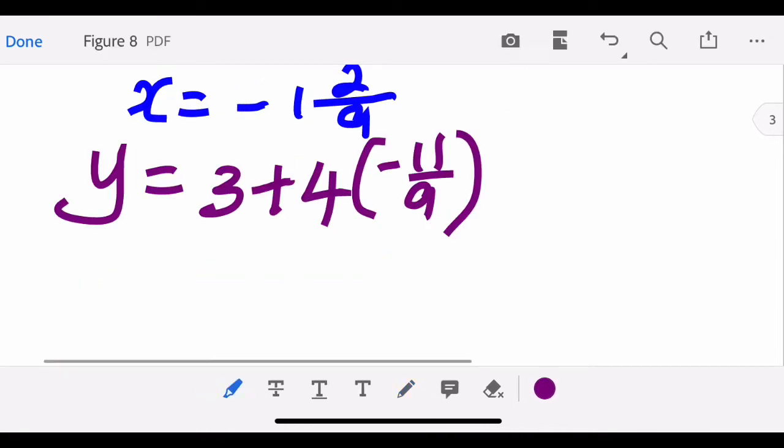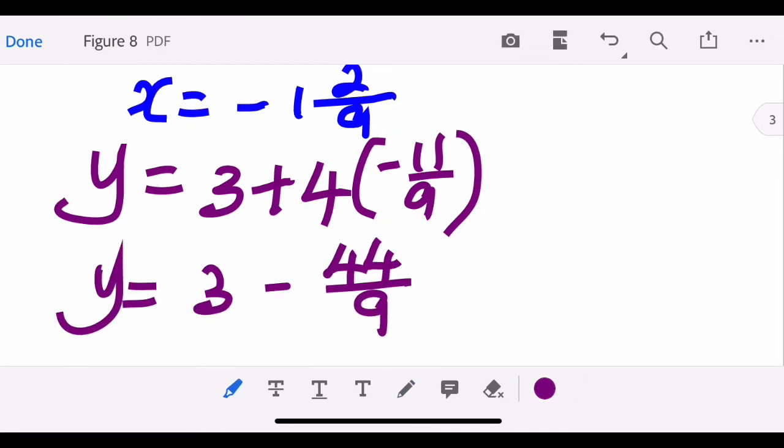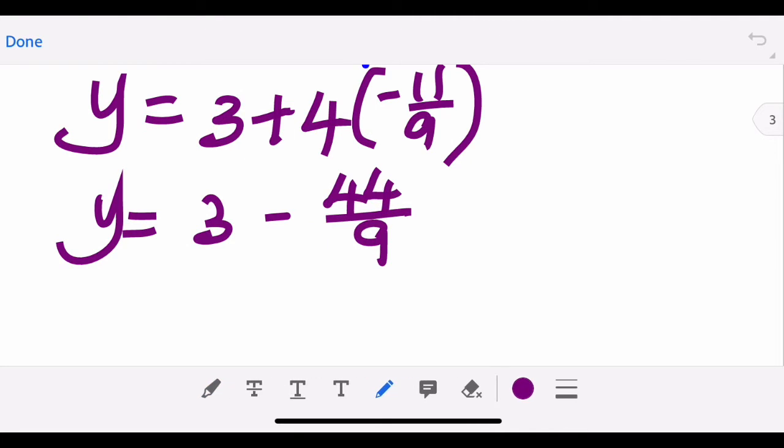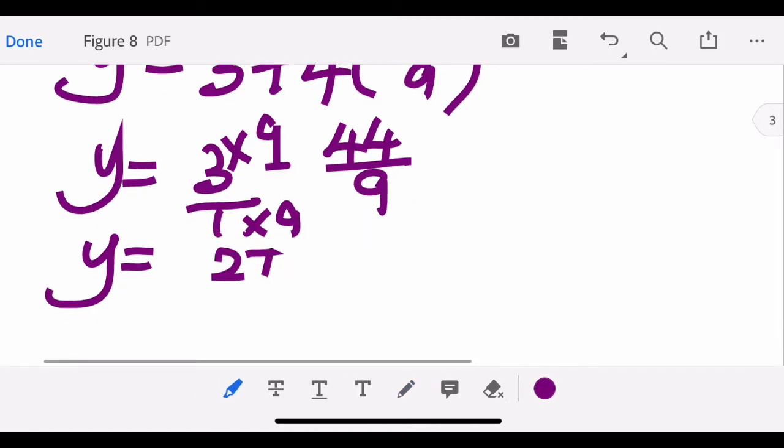So finally, you can press your calculator, or you can simplify like this. It's 3 minus 44 over 9. And then I will make the denominator the same. So y is actually times 9 up and down. So it will be 27 minus 44, right?